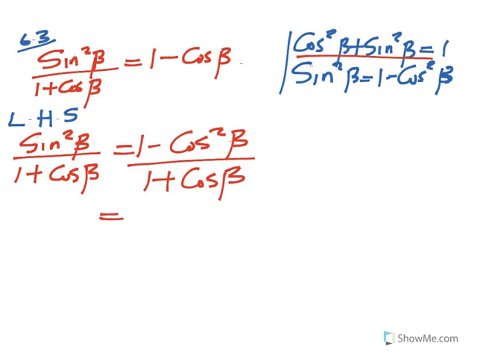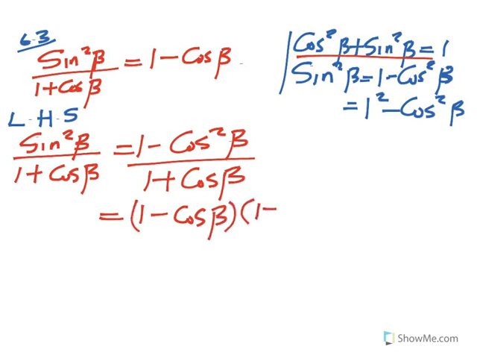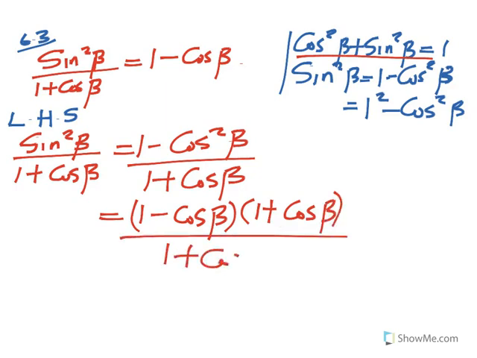But also remember, this 1 minus cos squared beta is the same as 1 squared minus cos squared beta, which is a difference of two squares. That is 1 minus cos beta times 1 plus cos beta, all over 1 plus cos beta.